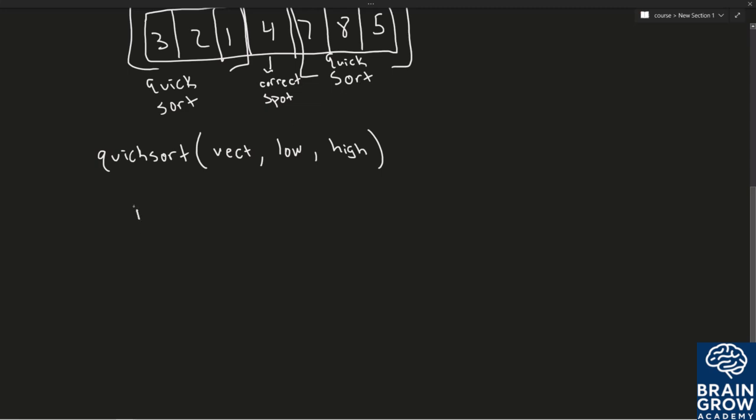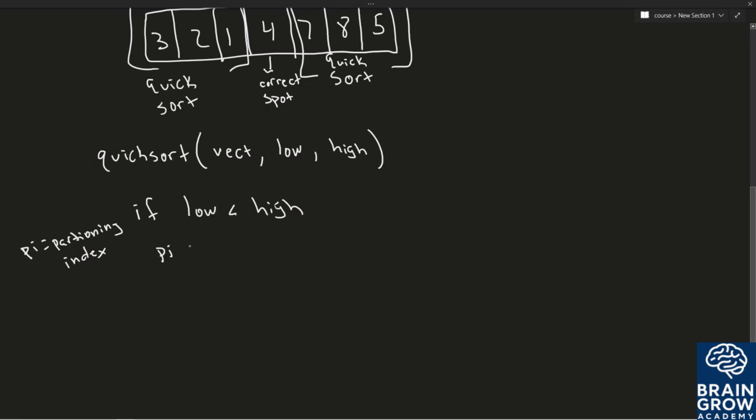So what we want to do in here is check if low is less than high, and then we will say pi, and this is pi equals our partitioning index.